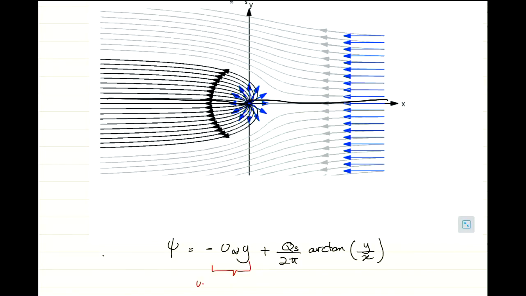Okay, and my first term is just a uniform flow from right to left. Okay, and my second term is just a source term.